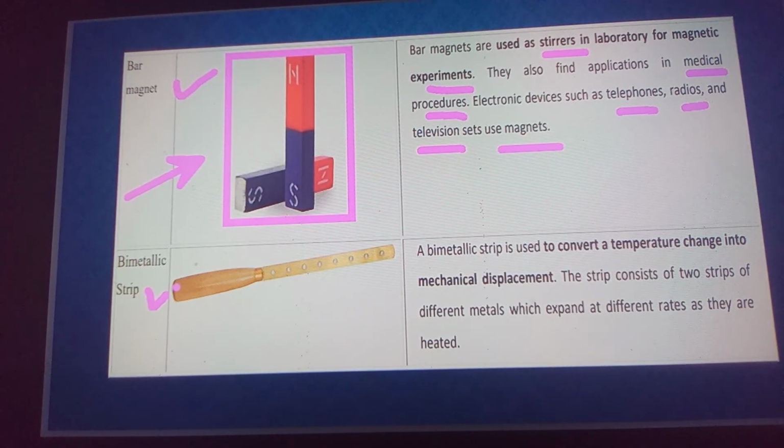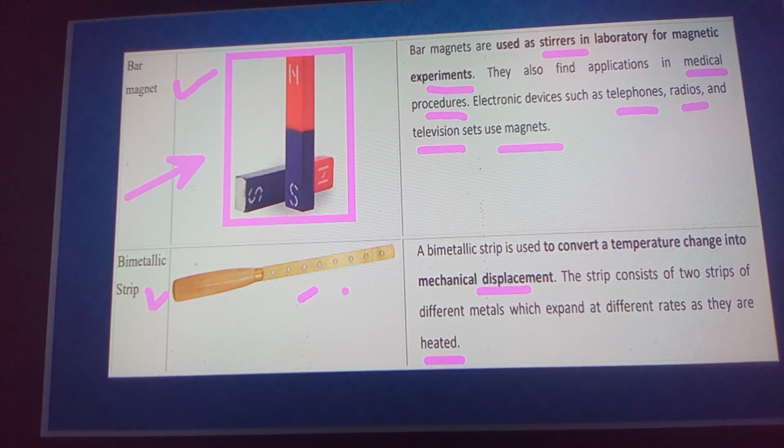Bimetallic strip. It is a metal in structure having the wooden handle. A bimetallic strip is used to convert a temperature change into mechanical displacement. The strip consists of two strips of different metals which expand at different rates as they are heated.